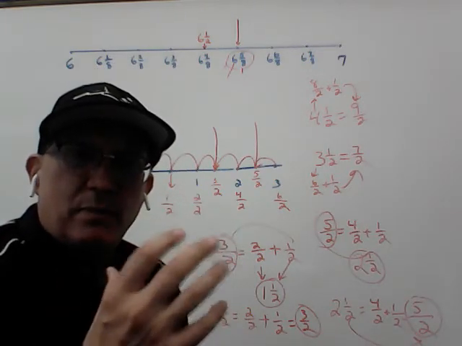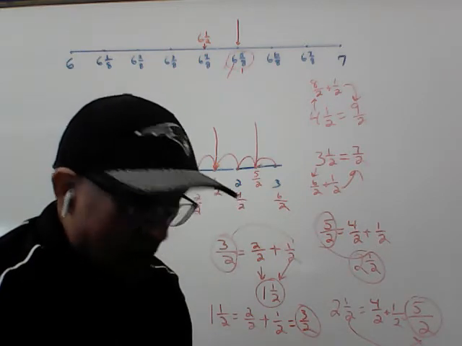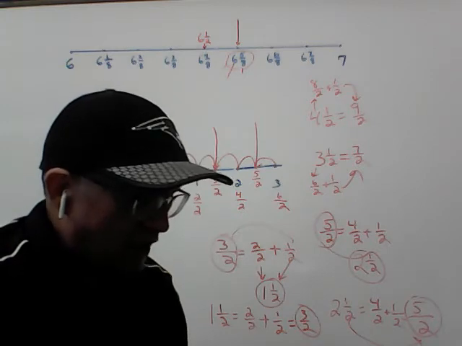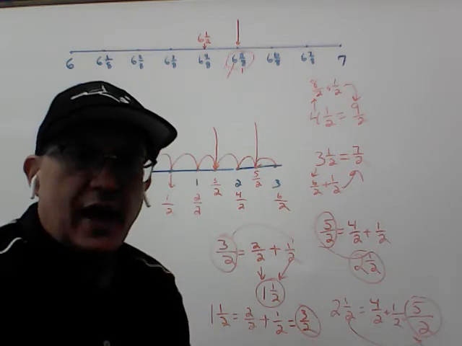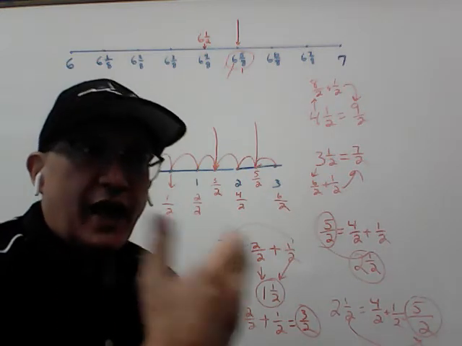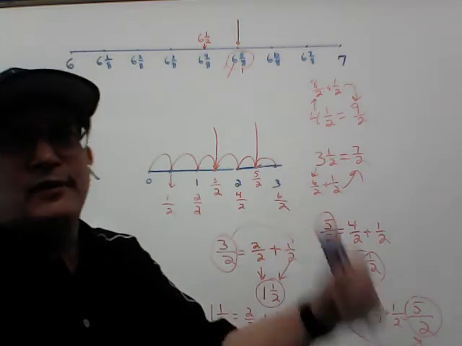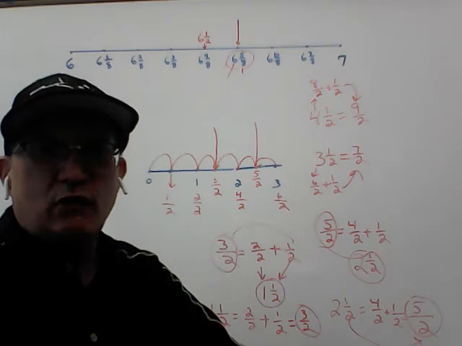If I were making up the names for things in math, I probably would have called something like 9 halves something different, because it's unfortunate, and this is a very rare situation in math. It's very rare that the vocabulary in math doesn't make sense. There are certain things, like later on you're going to learn a word like hypotenuse related to a right triangle.